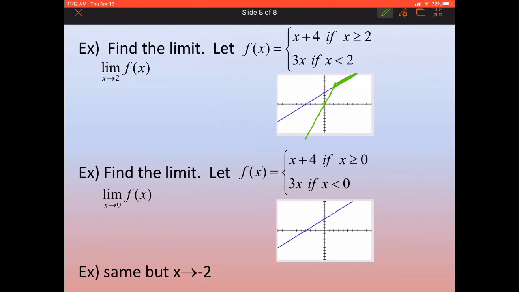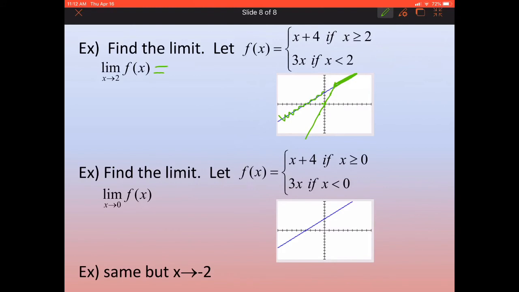All right, so the green is my piecewise function.